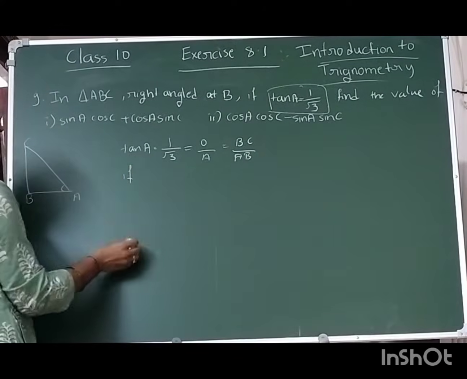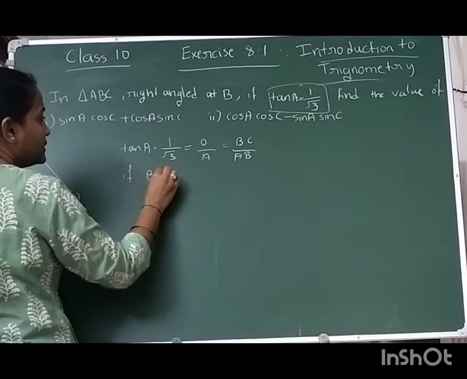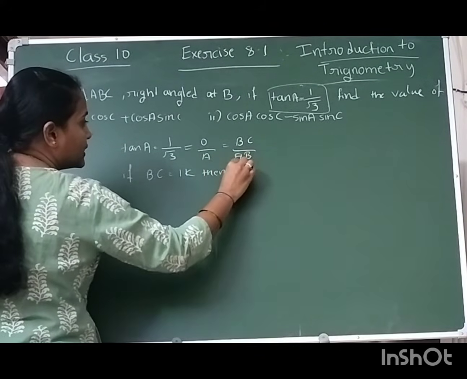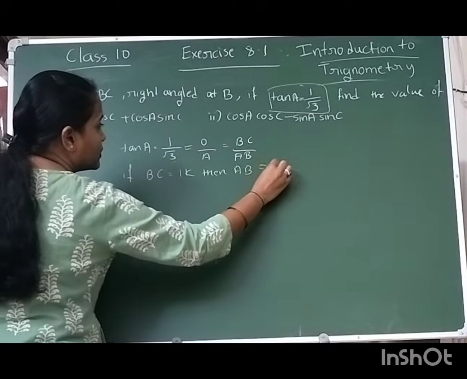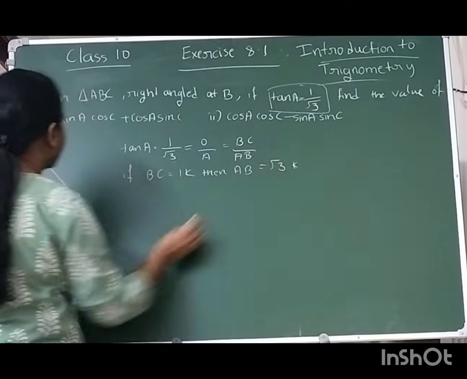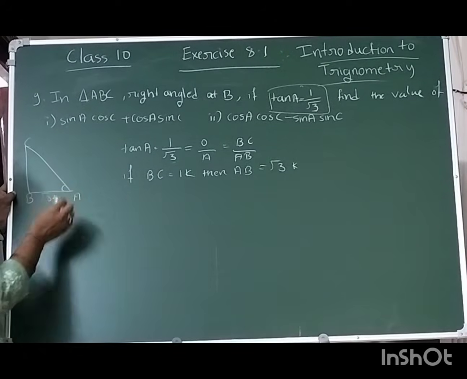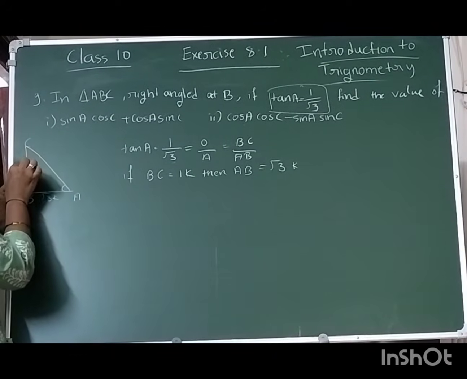Therefore, if BC is 1K, then AB will become root 3K. Let's write in the diagram. AB is root 3K and BC is 1K.